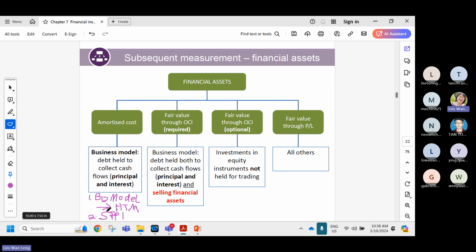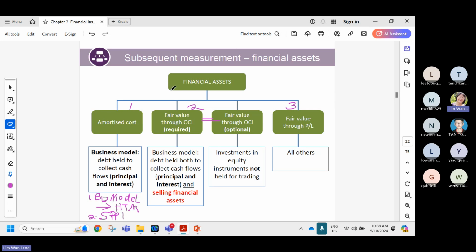Okay, so let me just explain about the amortized cost. Of course, we already know if you have financial assets, we have three different measurements. One is at amortized cost. The second one, which is the same as this, one is optional, one is required. And then the third one is fair value through the profit or loss.